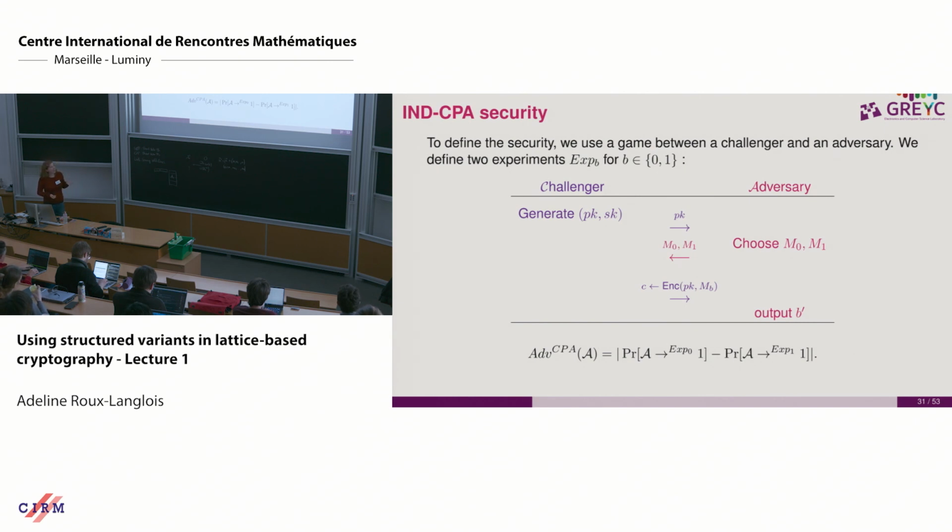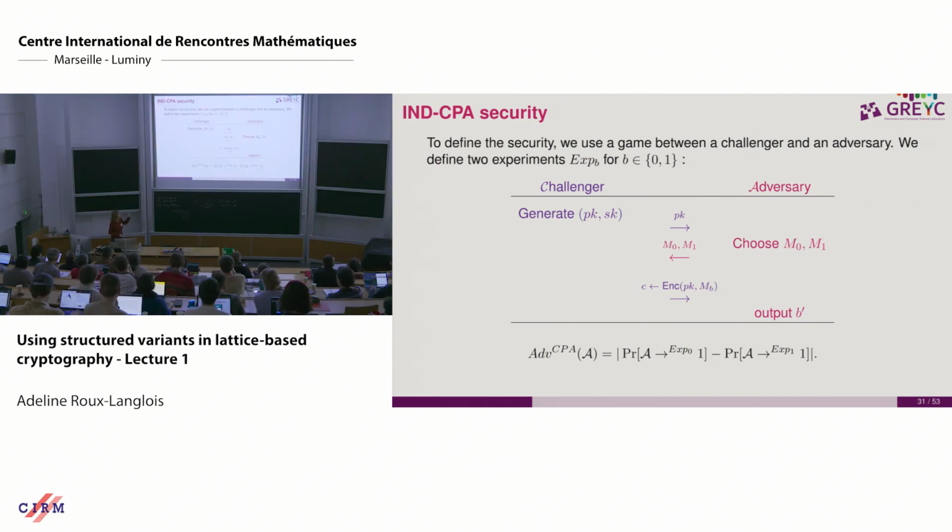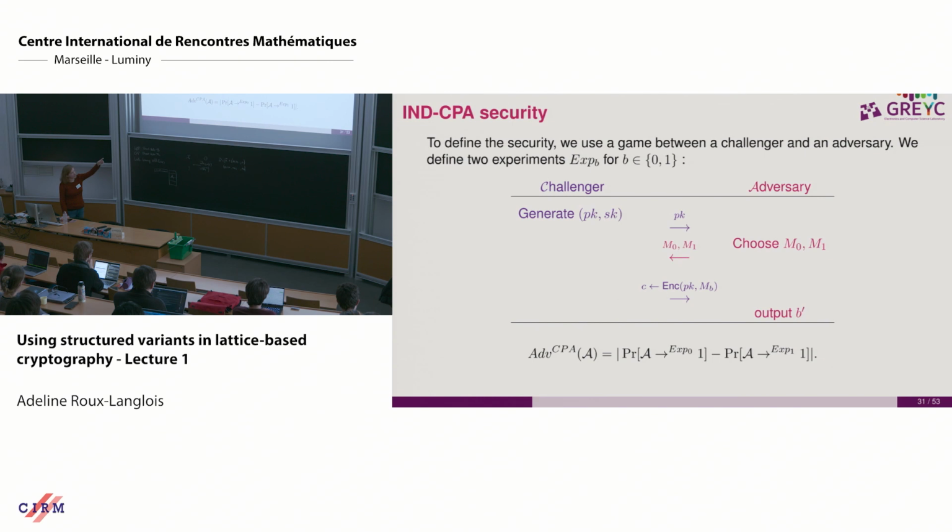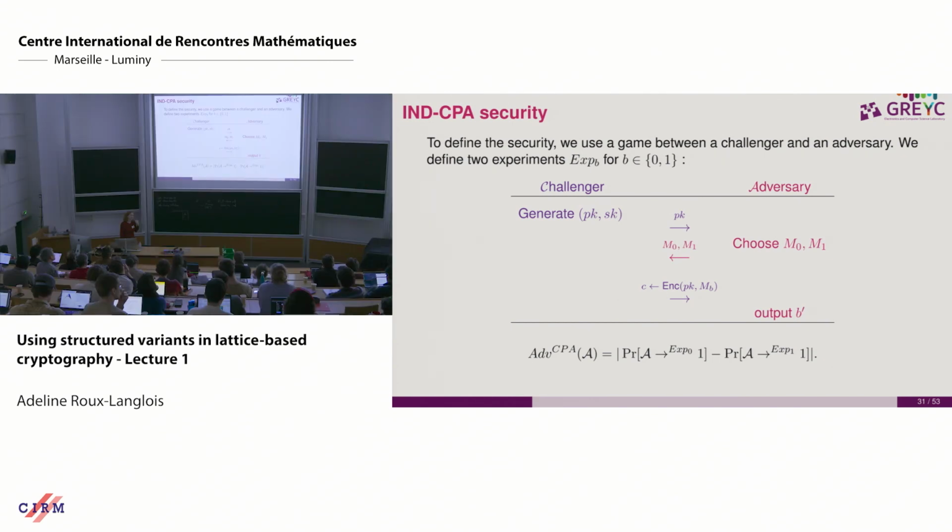So IND-CPA means indistinguishability, sorry, indistinguishability under chosen plaintext attack. The indistinguishability of the ciphertext under a chosen plaintext attack. Chosen plaintext attack comes from the fact that the adversary chooses the plaintext and that he can encrypt the plaintext himself.